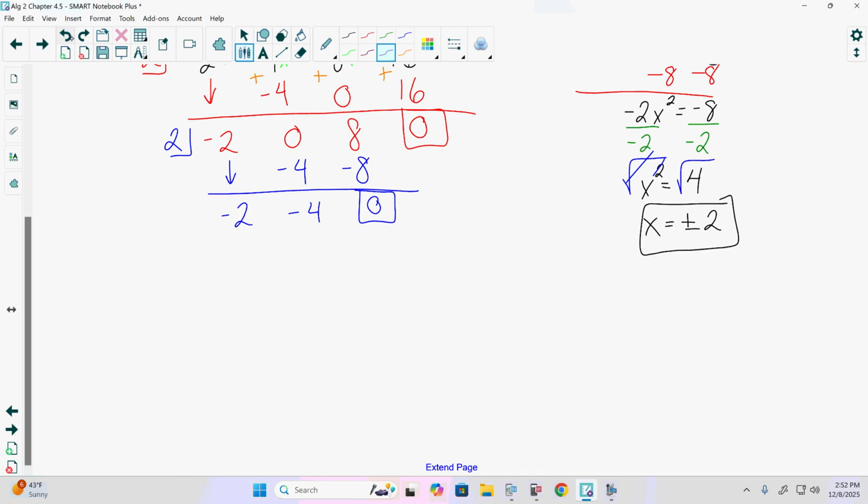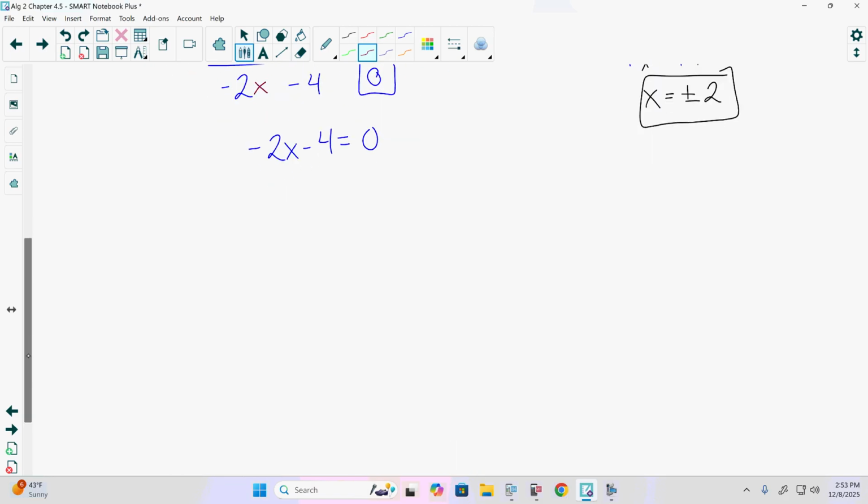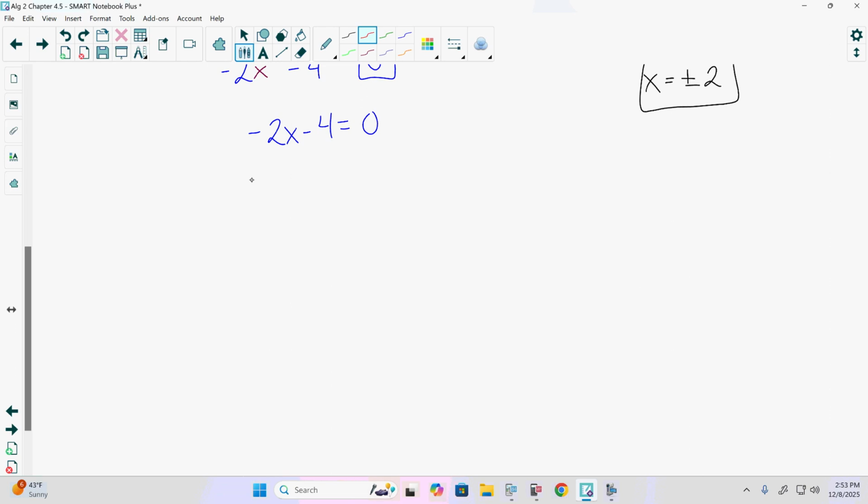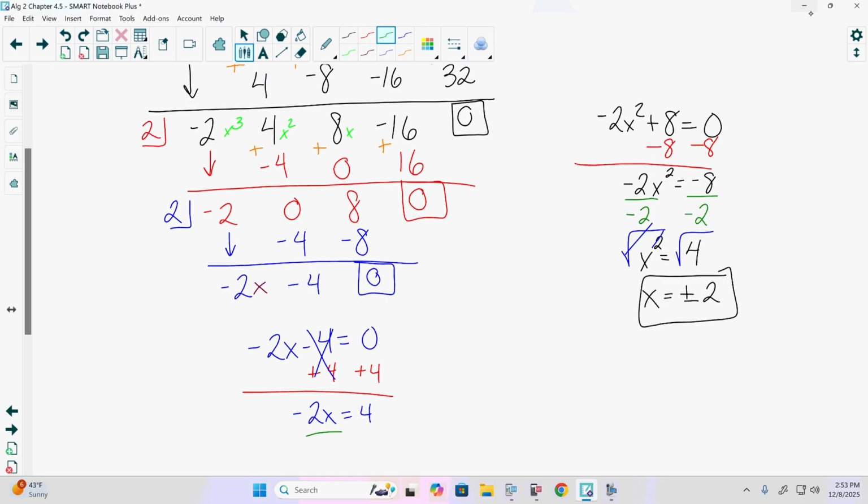But if we wanted to, what we have now, because if I fill the variables in now, I have negative 2x minus 4 equals 0. Oh, wait a minute. That's a little bit easier to solve, isn't it? We can add 4 to both sides, knowing this negative 2x is equal to 4. Divide both sides by negative 2.